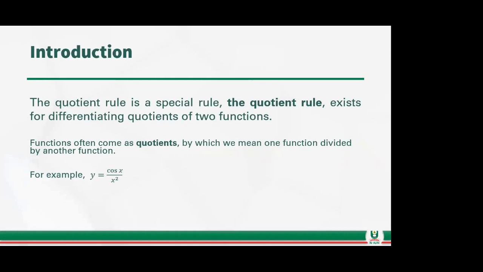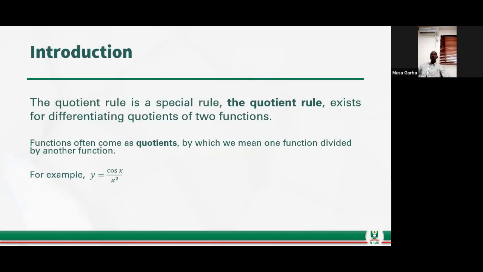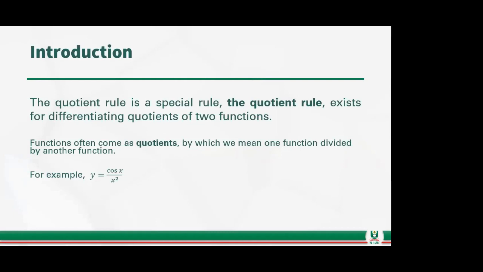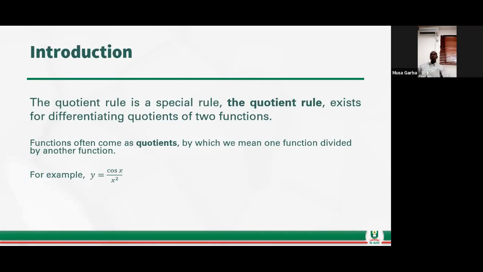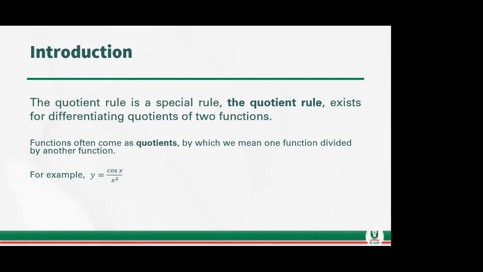Quotient is a special rule for differentiating quotients of two functions, that is, one function divided by another function. Like we see here, this is what we call a quotient function.